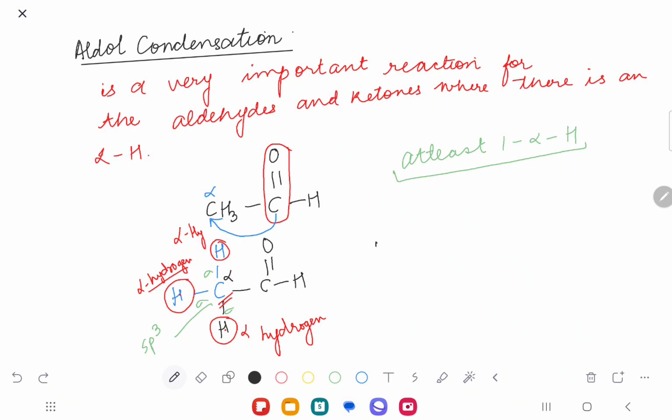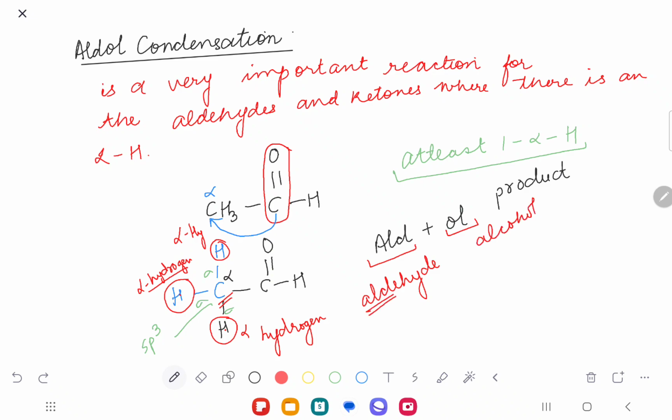Now, what is the meaning of aldol? When I say aldol, it is talking about the product. The product so formed should be of the aldol type, aldehyde and alcohol. The word ald has come from aldehyde, and the word ol has come from alcohol.